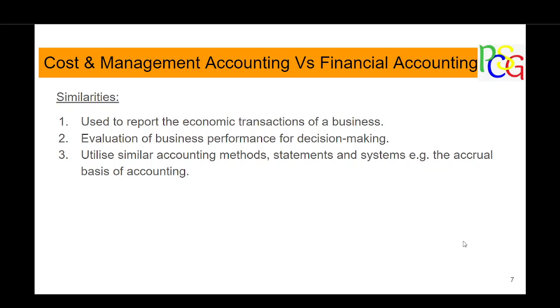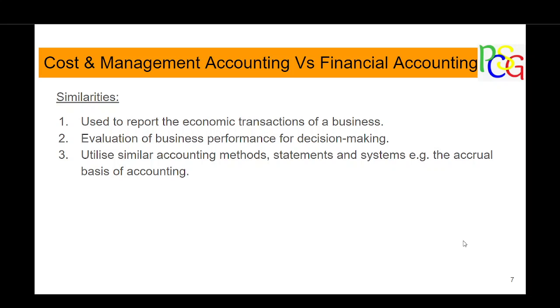The income statement will tell you how much profit we made for this particular period. The balance sheet will tell us what assets we have, what liabilities we have, and so forth. So this would help us to evaluate how well or how poorly our business has performed, and we will need to uncover why it's performing so well or so poorly.